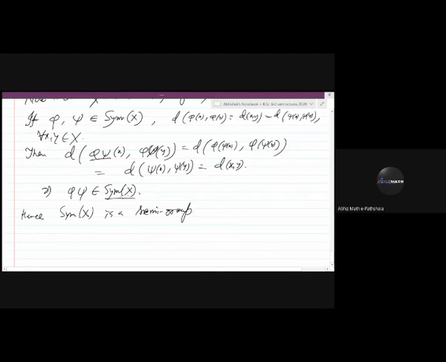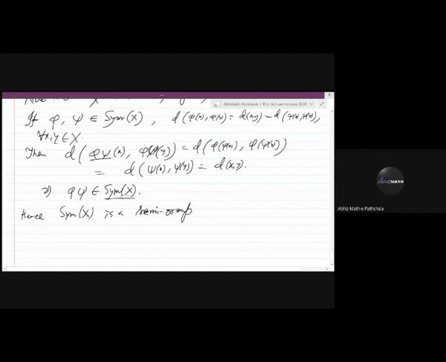Not only that, we have already seen one important element, the identity map on X. For any bijective map f from X onto X, the identity map commutes with it and results in the map itself.